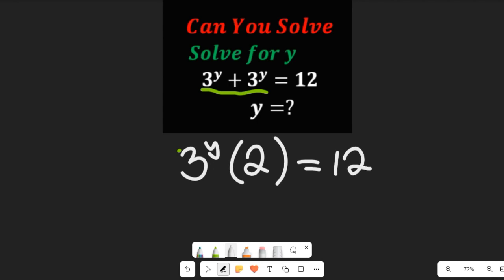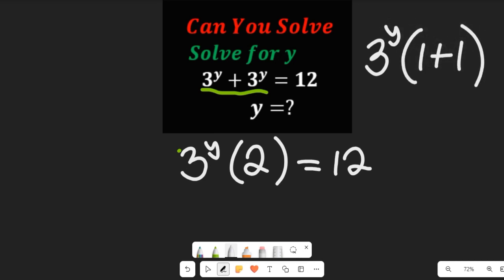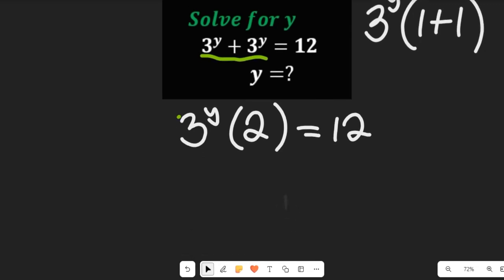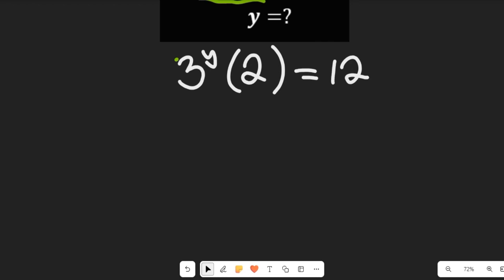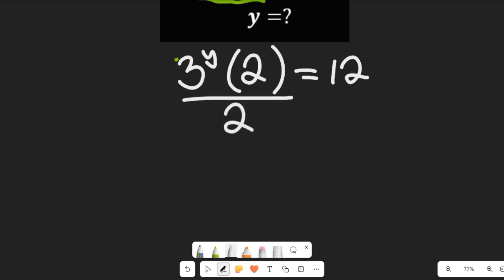Now recall, this is the same as me bringing out 3 to the power of y multiplied by 1 plus 1. So if I bring it out this way, the next step is to divide both sides by 2.